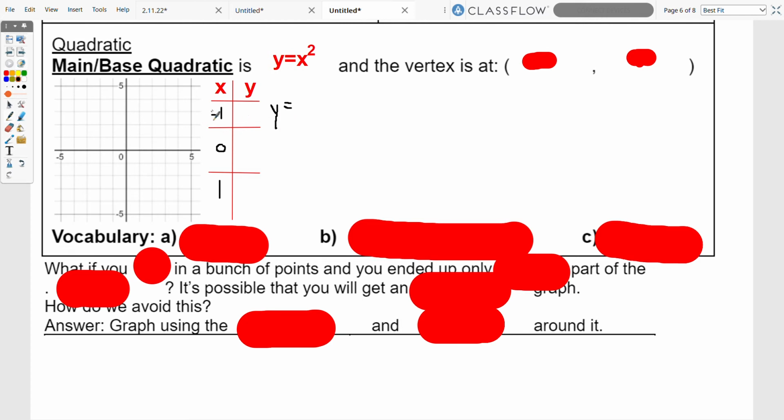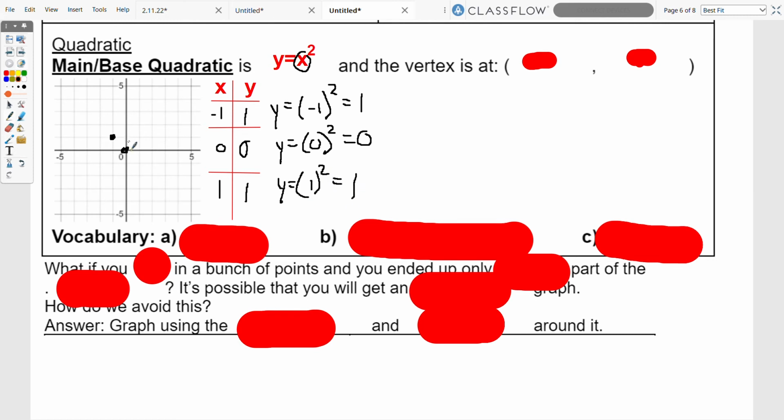When you plug in -1 into the x, make sure that -1 is in parentheses. (-1) squared, put that in the calculator, we get +1. So (-1, 1). We plug in the 0, we get y equals 0 squared, that is 0. We plug in the 1, and we get y equals 1 squared, which is 1.